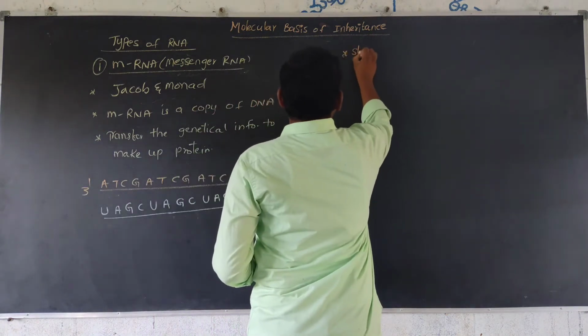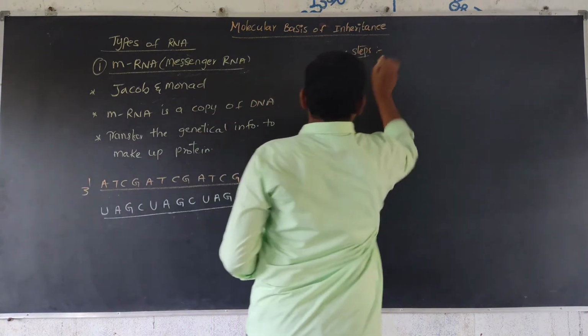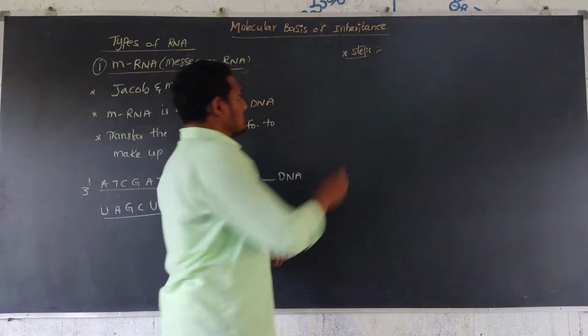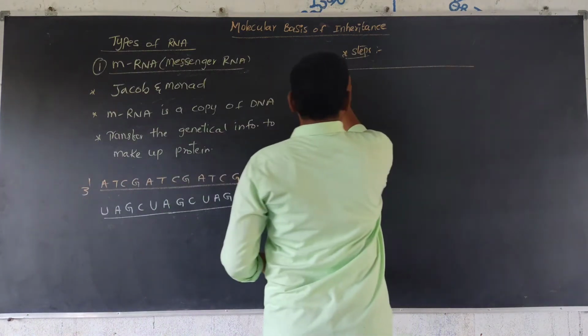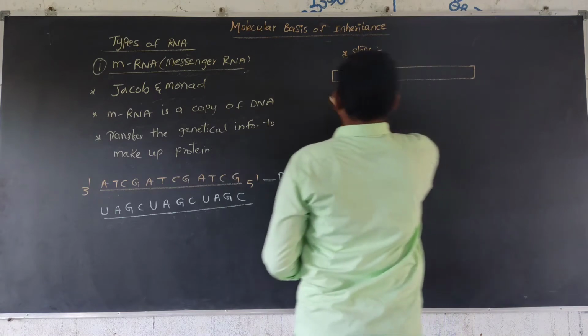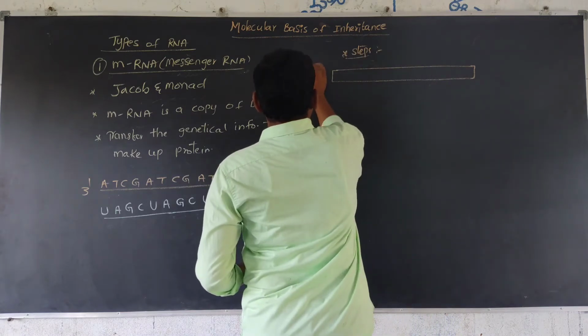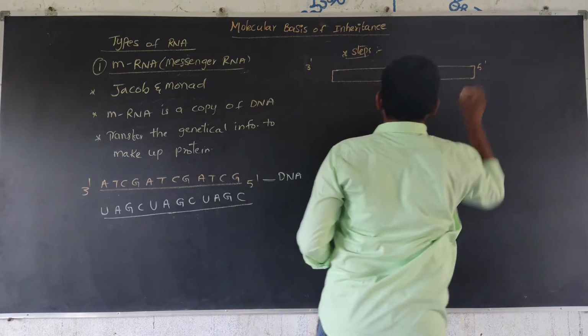So, the steps. First of all, this is the DNA, this is the 5 prime, 3 prime to 5 prime.